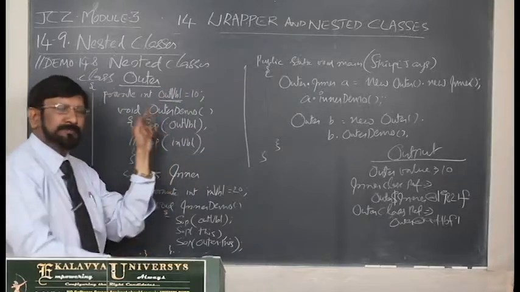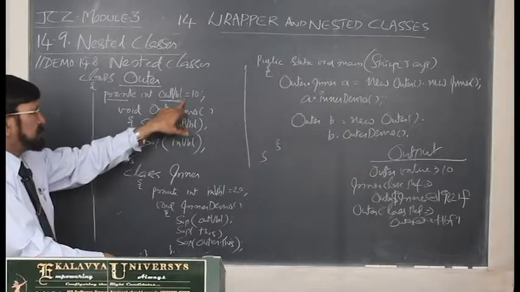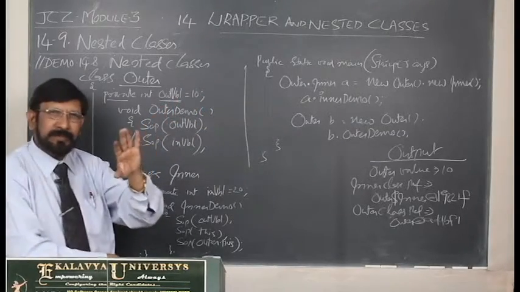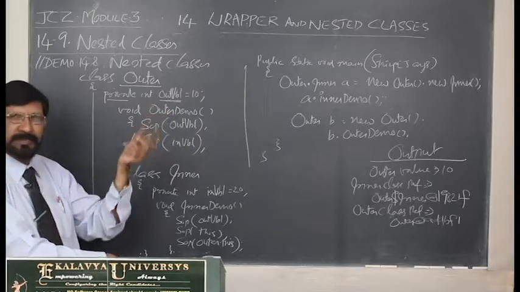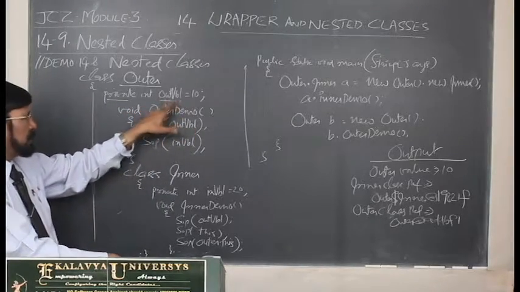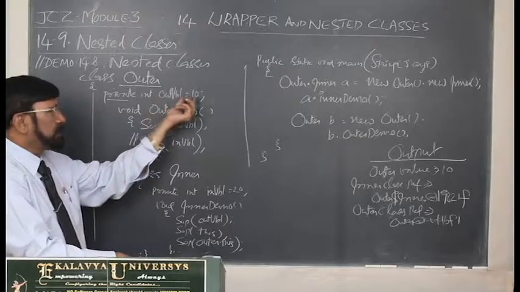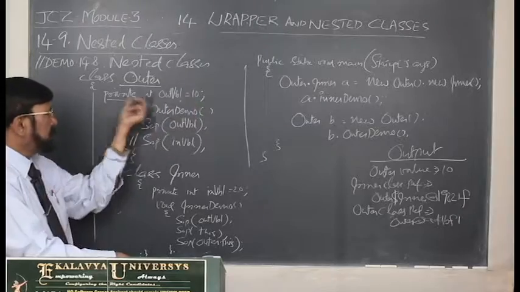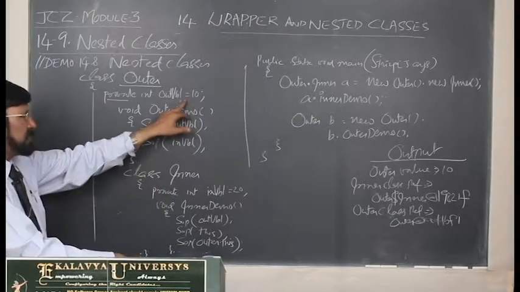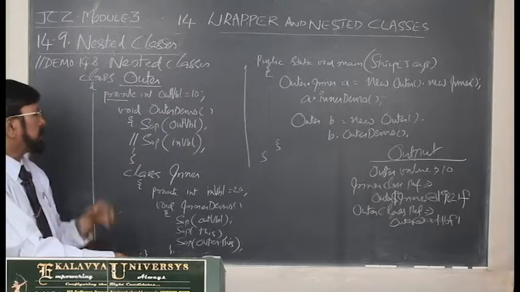This is an instance field, a private instance field, outVariable, and I have given self-explanatory names, because if I give ABC, you may not recall that. It is private and initialized with 10. For the sake of simplicity I initialize it; it is not compulsory.